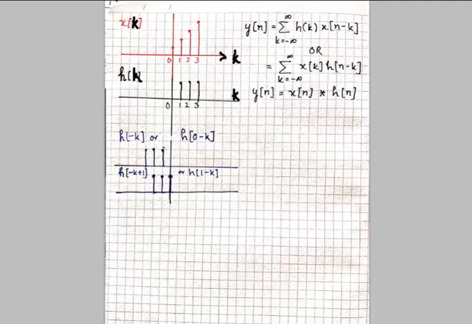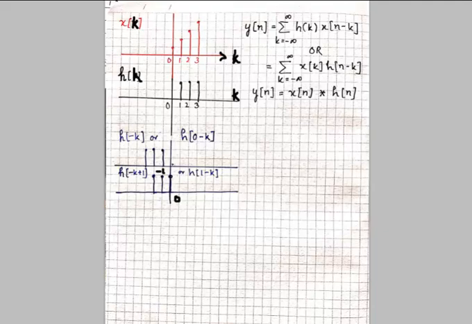However, when you shift the signal by plus 1, this signal shifts towards the right, and whatever was there on minus 1 has gotten shifted to 0. So this is h of 1 minus k, or minus k plus 1. Everything has got shifted one place towards the right.